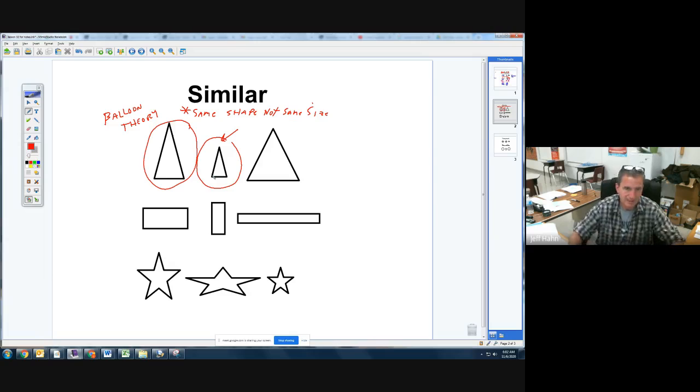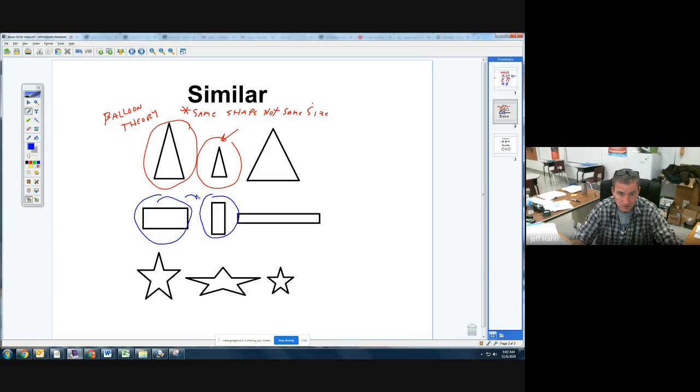Same thing with these rectangles down here. Which two would be proportional there? Hopefully you can see it. If this one was a balloon and you blew it up, it would look like this one. This one is a shorter, narrower, and longer rectangle than that.